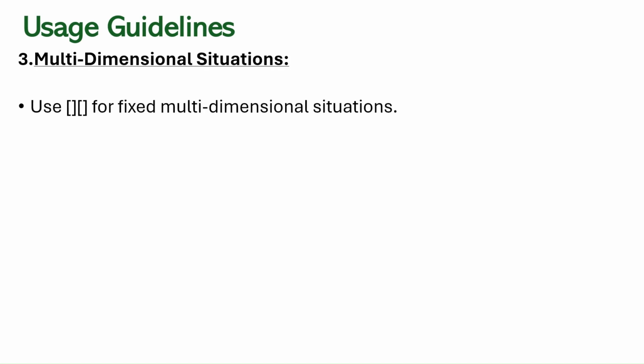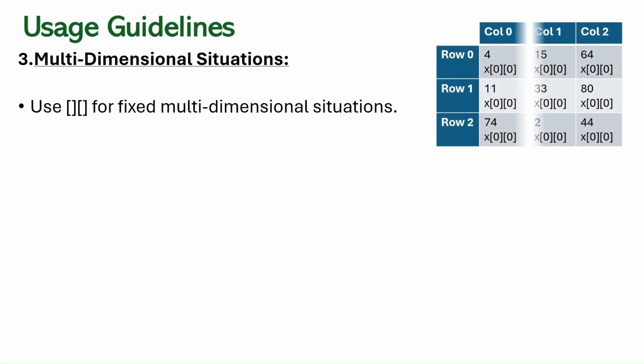Lastly, let's delve deeper into the world of multidimensional situations, particularly when dealing with matrices or grids. Now imagine you have a 2D structure, a grid of rows and columns. This is where arrays, specifically using double square bracket syntax, become your coding ally, making your life significantly easier. Let us see why. The number one reasoning is contiguous memory, which we have learned in our previous slides.